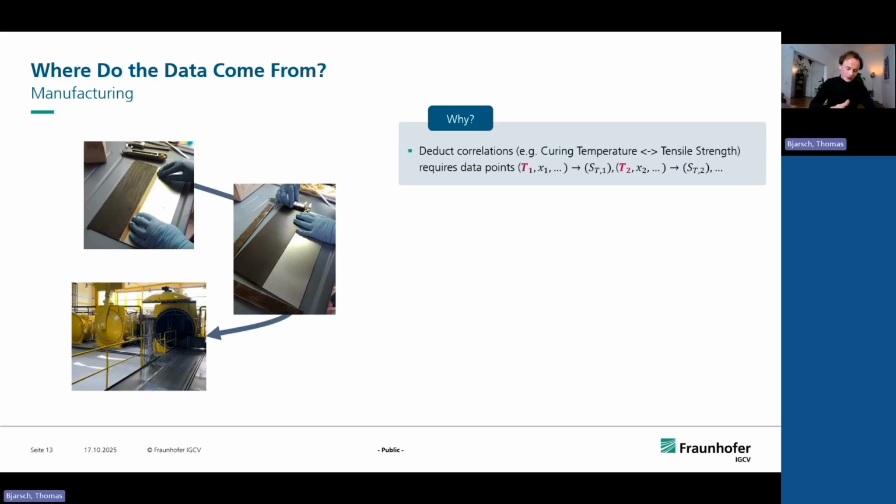Because from the user stories, we knew we had to build some correlations, for example, from the curing temperature to the tensile strength of the material. So we require sets of configurations and how they correlate to the tensile strength. And this is why we collected information, for example, about the curing temperature during the processing.